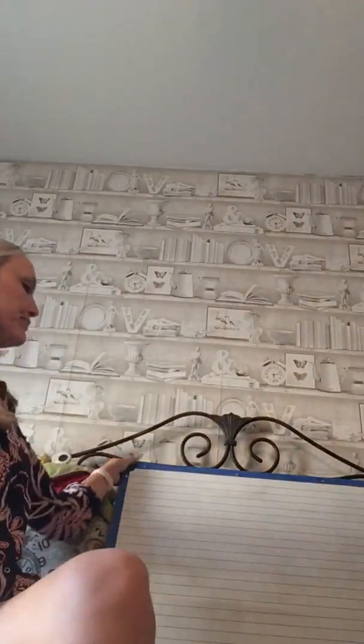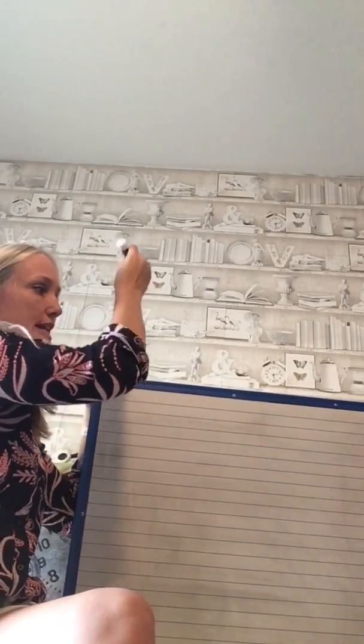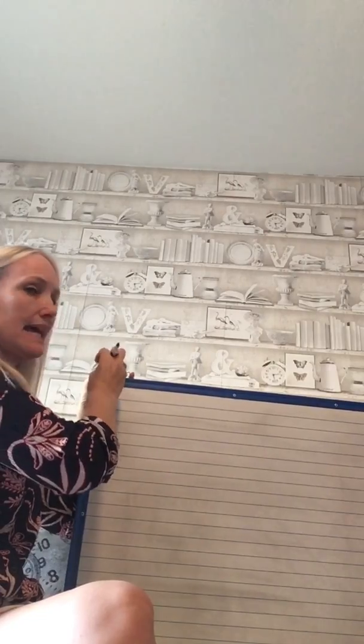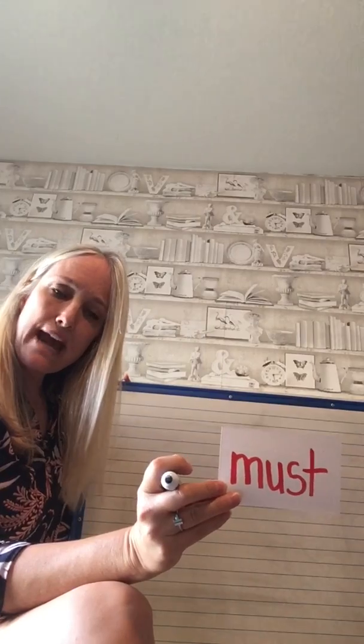Now remember, when we are writing a sentence, it always starts with a capital letter and we need finger spaces between our words, and it needs to have punctuation, and I want lower cases unless you need an uppercase somewhere. So the hard part is thinking about what you want to write about. You all should now be thinking of your own sentences. You are almost first graders.